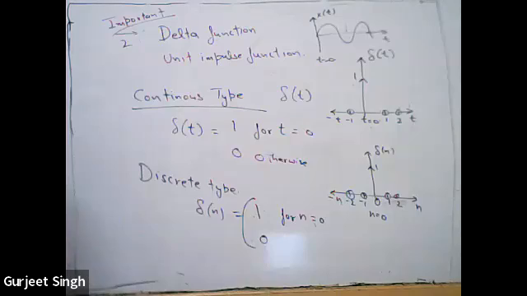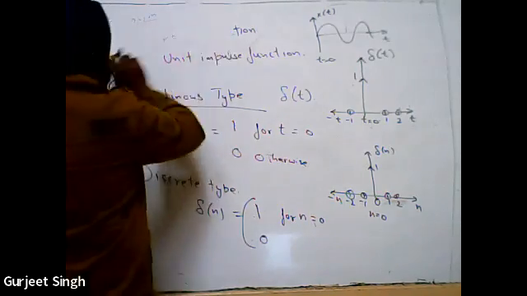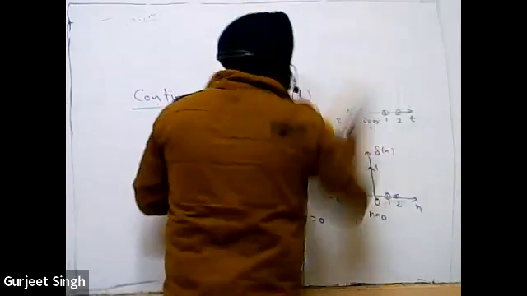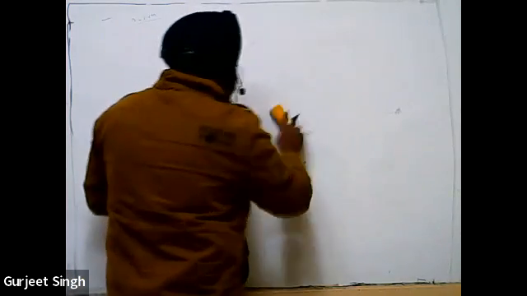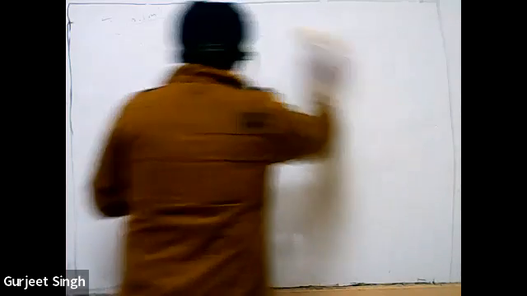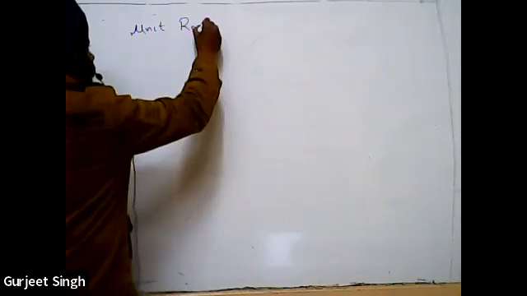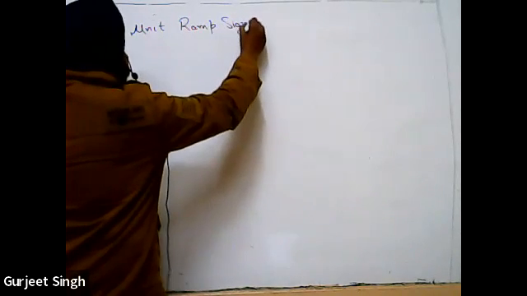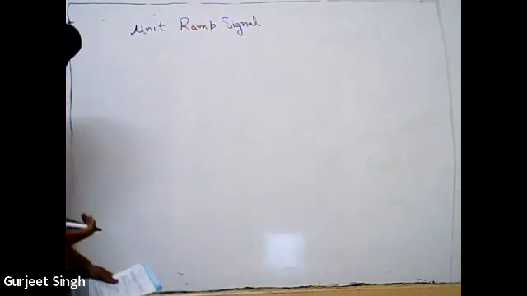Next type we are having is the unit ramp signal. Its shape is like a ramp.